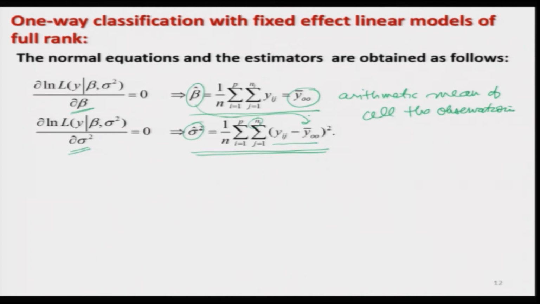Okay. So now you also need to verify that this value of beta and sigma square are going to maximize the likelihood function.